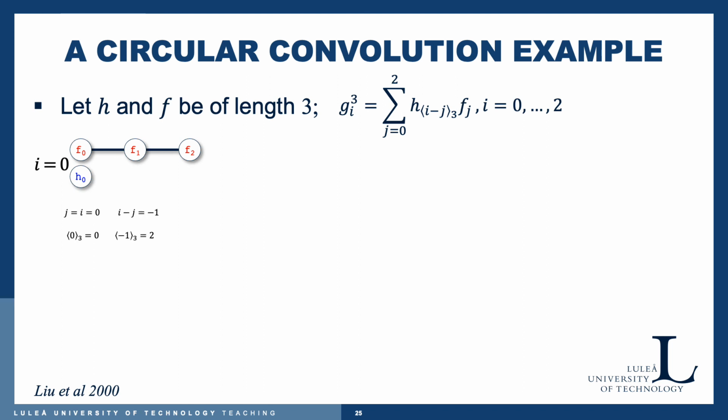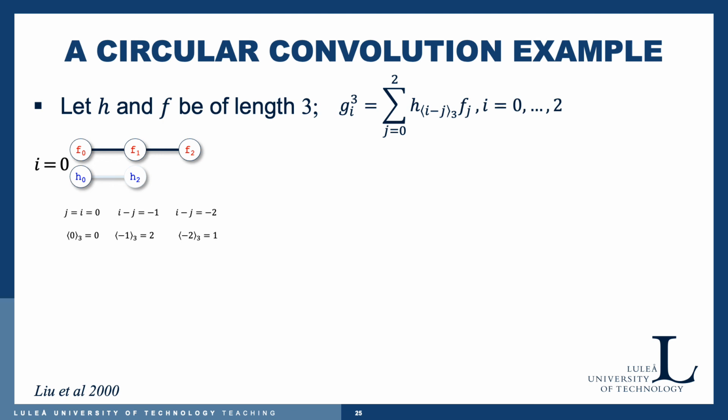We increase the summation index j to 1, and then we get i minus j is minus 1, but modulo 3 of minus 1 is 2. Can you see this? I'm sure you do. So now we multiply f1 with h2. Again, we increase the summation index, and now it is 2 and i is 0.